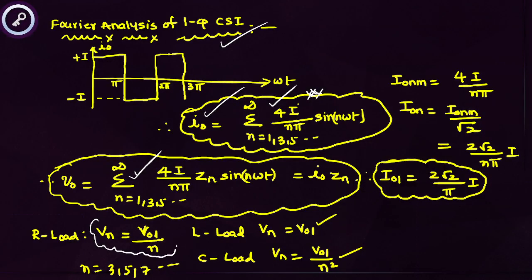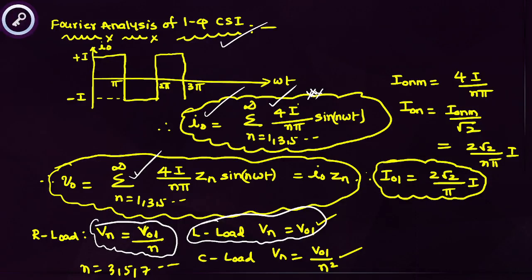For a purely resistive load, the nth harmonic output voltage equals the fundamental by n. For the voltage source inverter also, the nth order harmonic current equals the fundamental current by n. That is, here also 1 by n, and in the voltage source inverter also 1 by n. For a purely inductive load it is different. In the voltage source inverter, the nth harmonic current is the fundamental current by n square. But here, the nth order harmonic voltage equals the fundamental voltage.